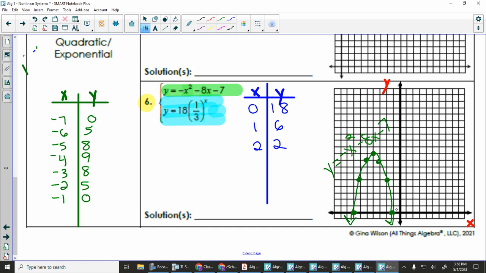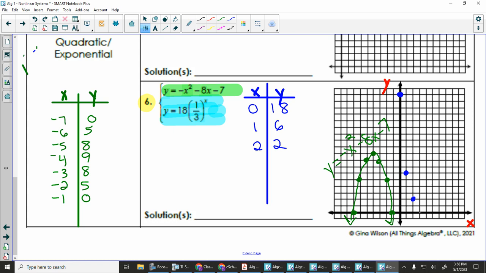I'm pretty sure this goes up to 19, but let's just be sure. 1, 2, 3, 4, 5, 6, 7, 8, 9, 10, 11, 12, 13, 14, 15, 16, 17, 18. Yeah, 18 would be right there. Then we got 1, 6. Then we got 2, 2.